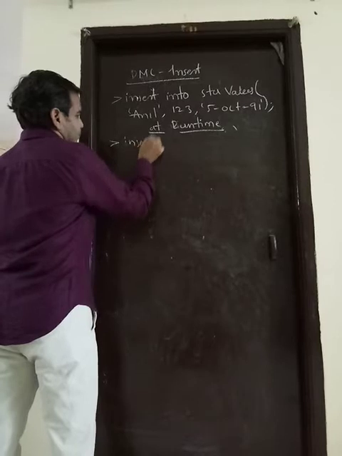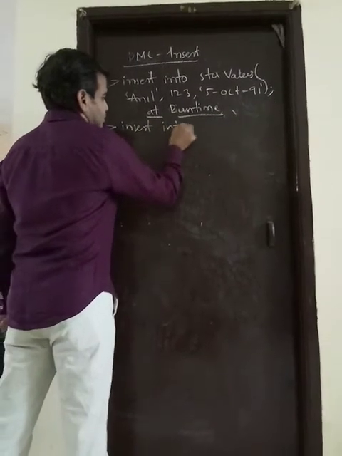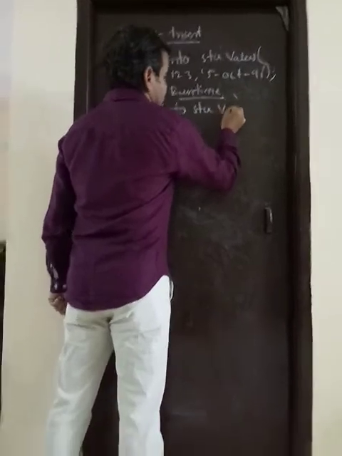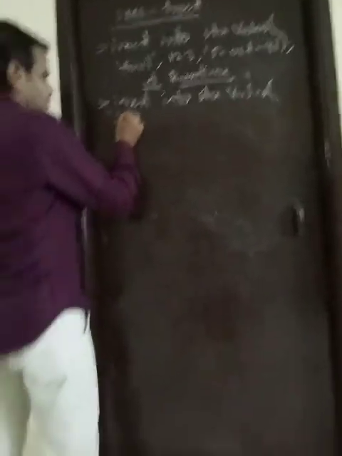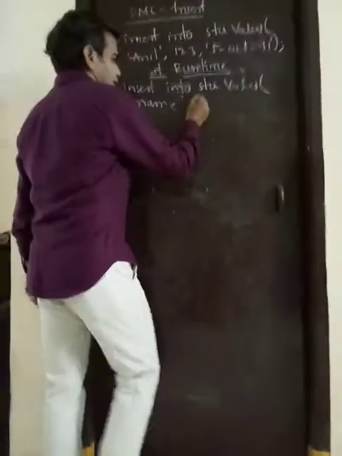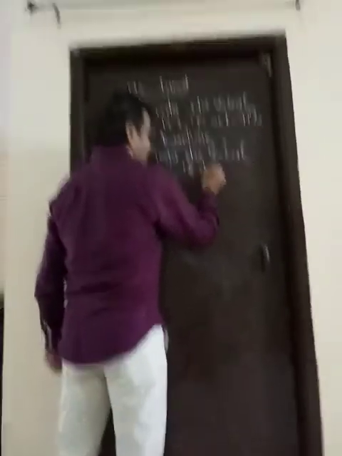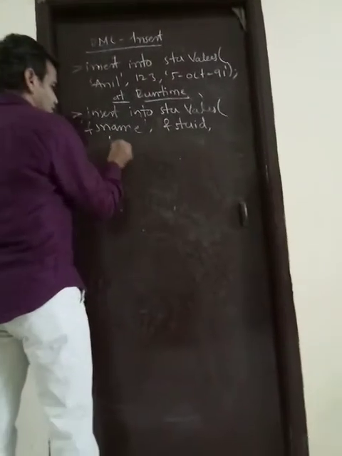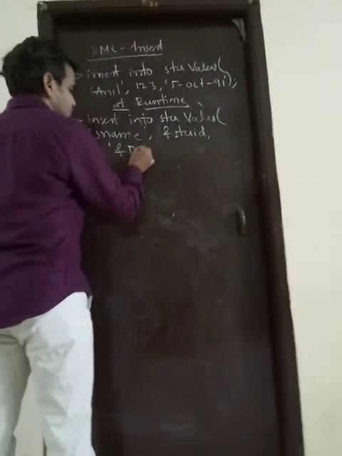Insert into student values, student name and student ID. For numeric values there is no need to enclose single quotation marks. And date of birth.